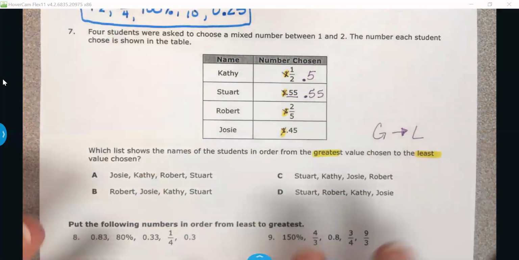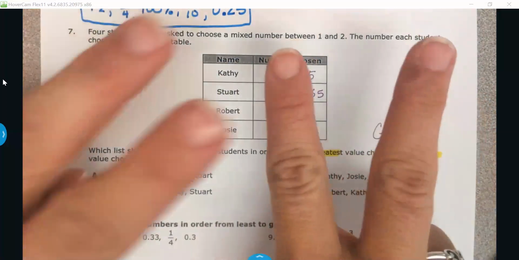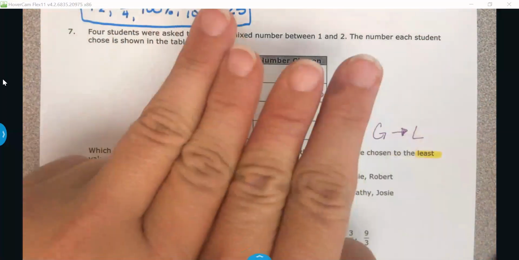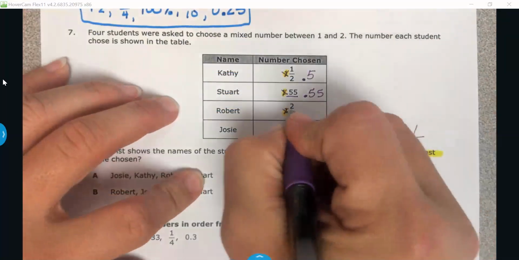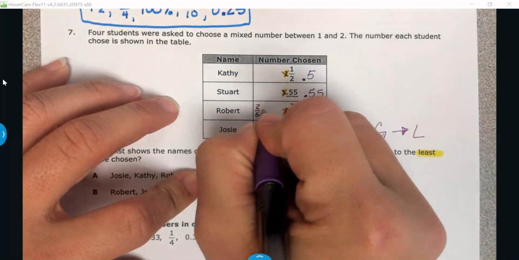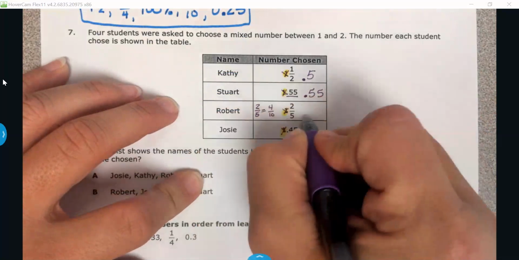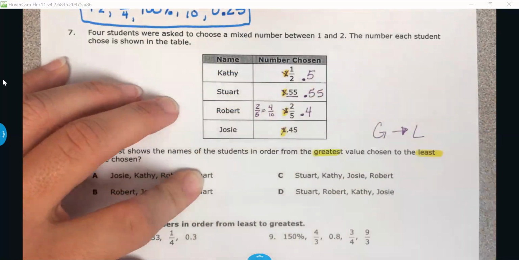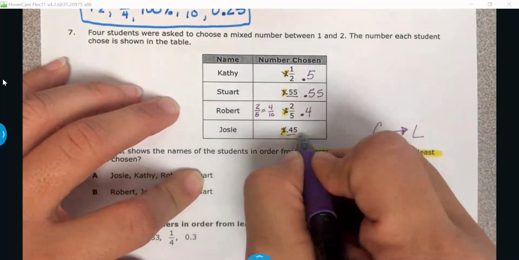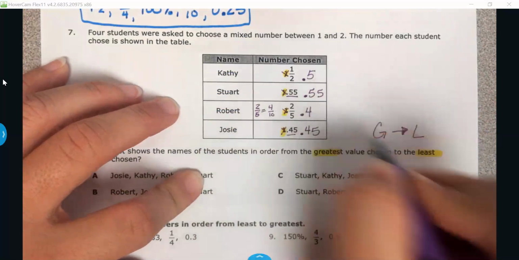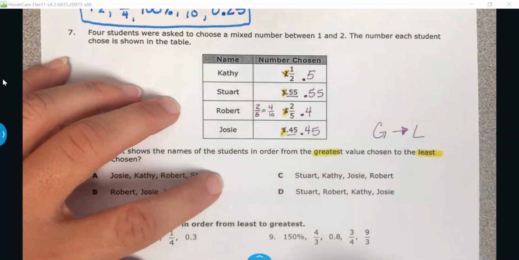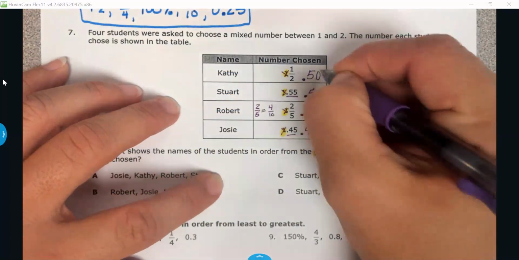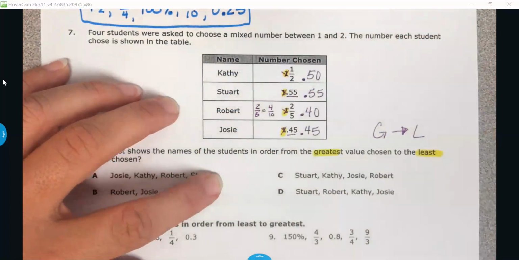2/5, well, if I do my hands trick, again, hold up 2 fingers on each hand, slide them together, and now I have 4 out of 10 fingers. So 2/5 is equal to 4/10, which is 0.4. And this was already a decimal. To help order, I'm going to put a placeholder so they all have the same amount.